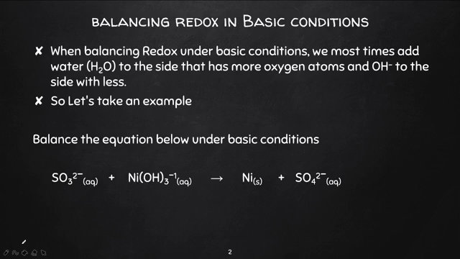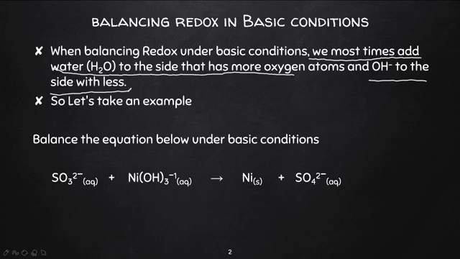But the conditions are different. Here we add water to the side that has more oxygen atoms, and hydroxide ion to the side with less oxygen atoms. When we start doing a reaction, you'll see how we do this, and I'm sure you'll understand it by then.